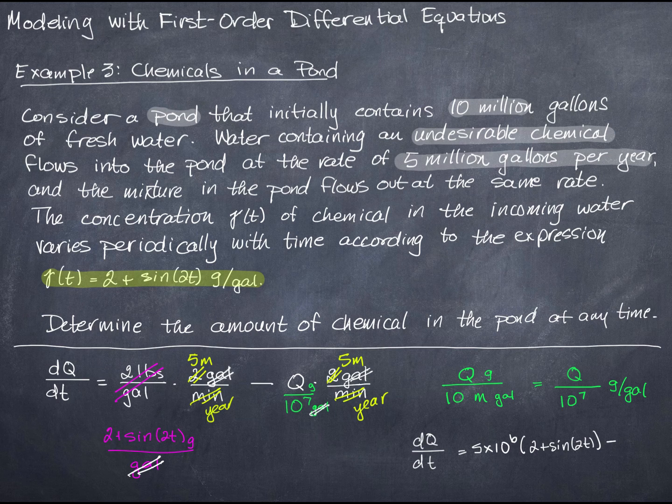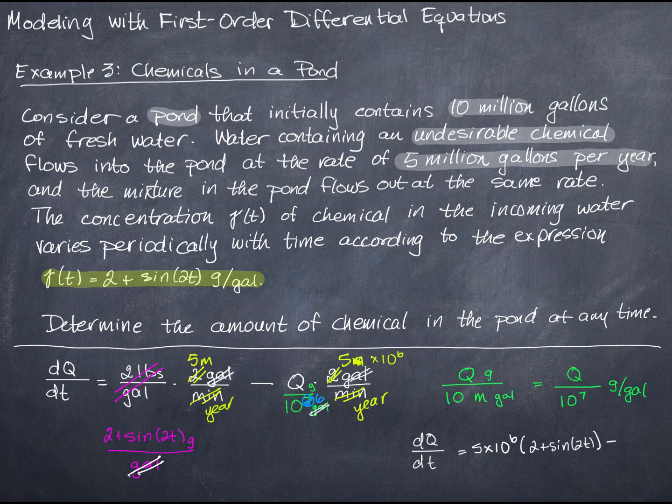Now watch this. This is 5 times 10 to the 6th. Let me write it that way. And if I borrow one of these tens, then I get 10 to the 6th here.